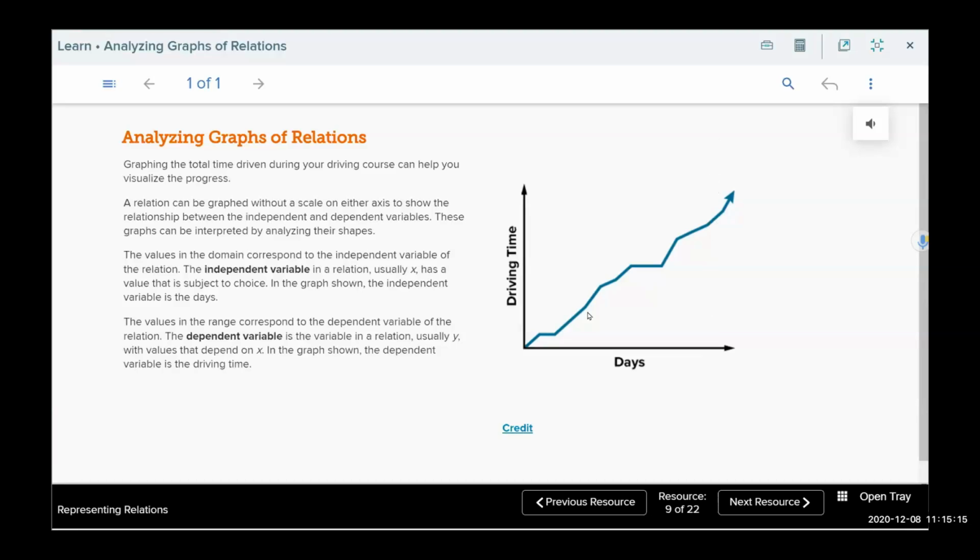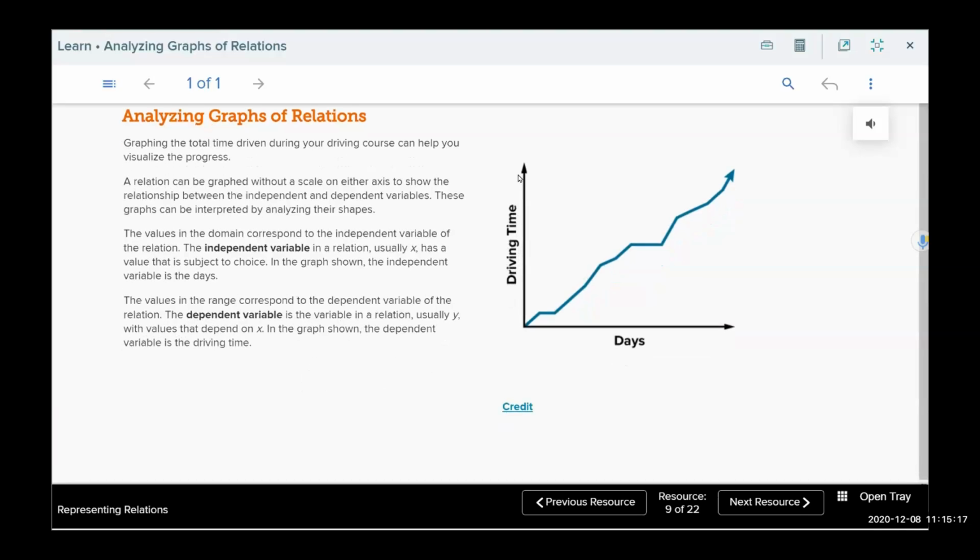So how much time I've driven very much depends on how many days have passed, but it doesn't work the other way around. I can't say how many days have passed totally is determined by how much I've driven. I might drive none for 2 weeks, but that doesn't change what day I'm making it to. So days don't depend on driving time, but it does work the other way.